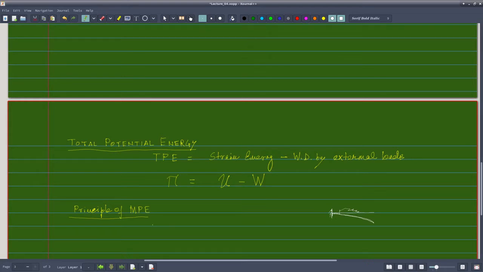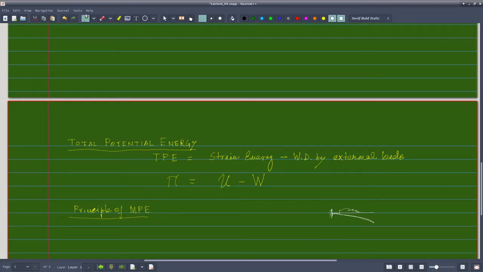And whenever that extremum is a minimum, that means whenever my total potential energy for a particular admissible displacement field or assumed solution is minimum, then that will lead to stable equilibrium of the body.